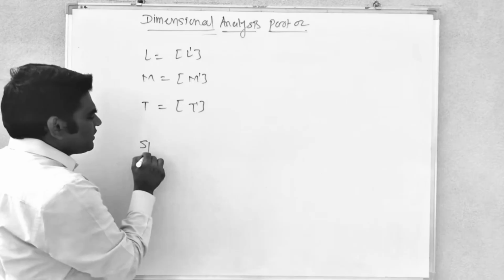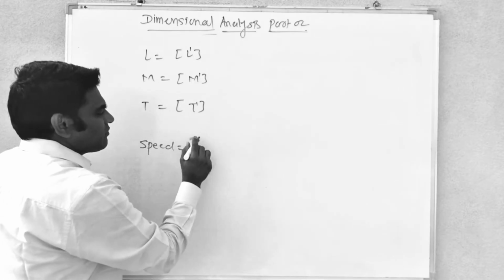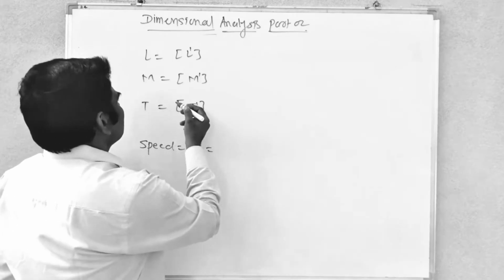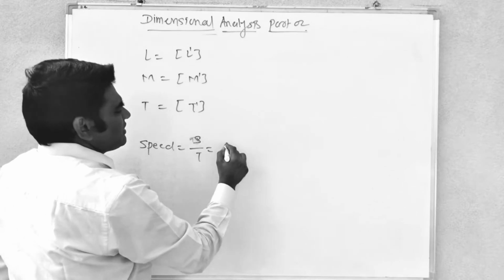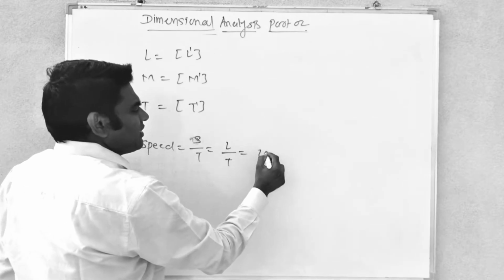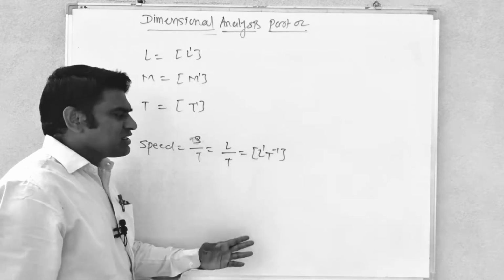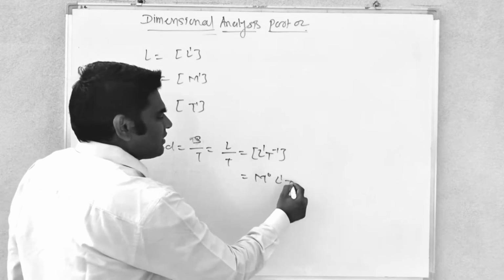Suppose for example speed. Speed is distance upon time. Distance means length, so L, divided by time, T. So this will be L to the power 1, T to the power minus 1. M can also be written as M to the power 0, since M is absent: M0 L1 T minus 1.